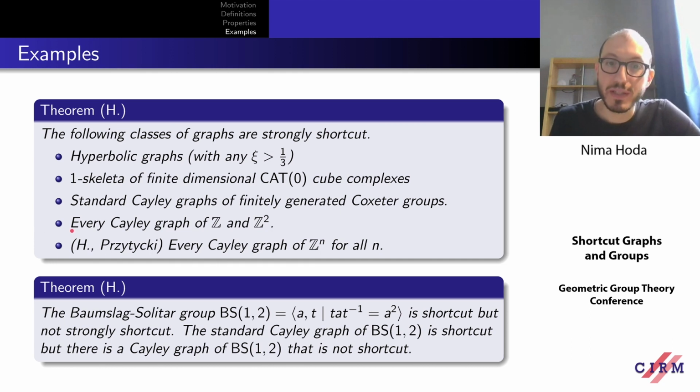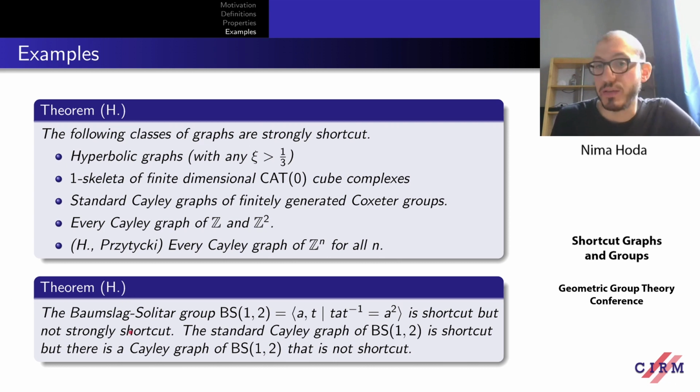This somewhat suggests that maybe it's possible that the strong shortcut property is invariant under change of generating sets. As a property of graphs, it's not a quasi-isometry invariant. It would be interesting if for groups, the property is invariant under change of generating set. But the next example shows that the shortcut property is definitely not invariant for Cayley graphs under change of generating set.